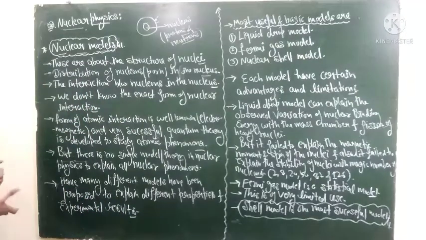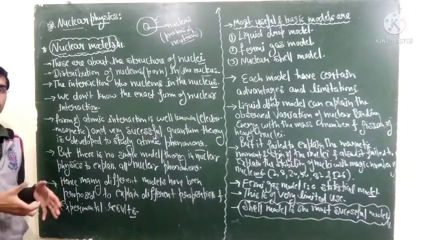So we are interested in the exact form of the interaction between nucleons, and these are the theoretical models that people have proposed to answer these questions. This is the basic motivation behind the nuclear models.